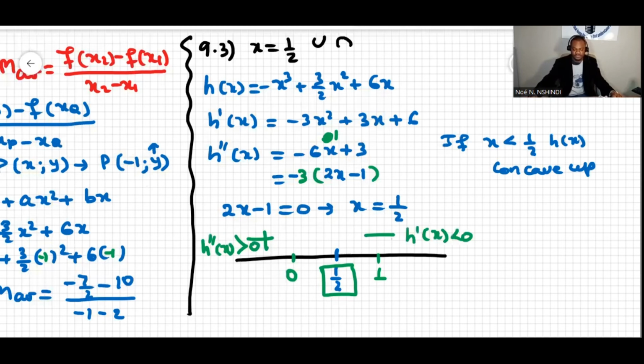So if x is greater than a half, h of x is concave down.